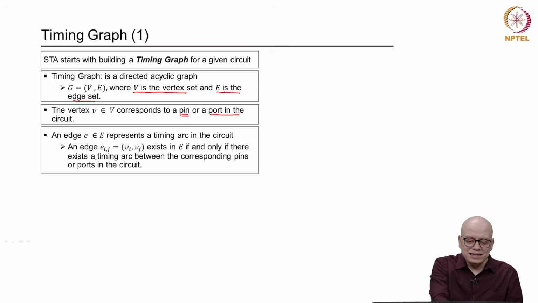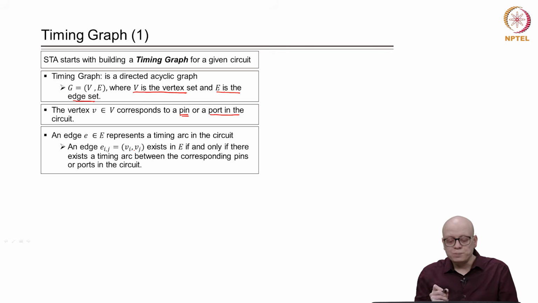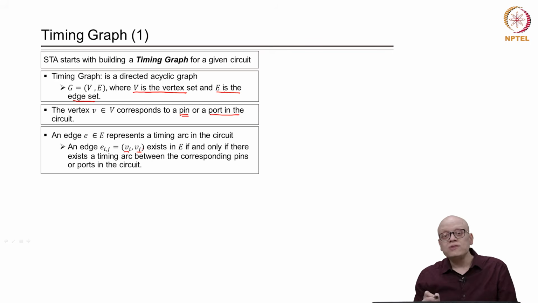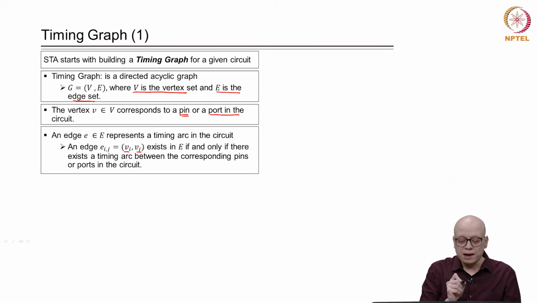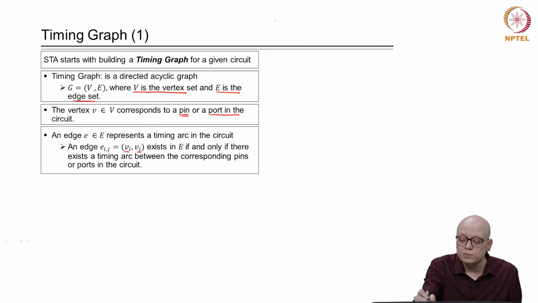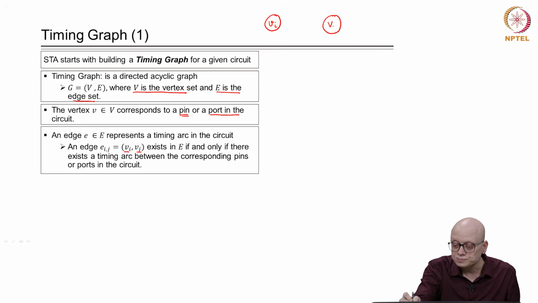An edge E(i, j) exists between two vertices Vi and Vj if and only if there is a timing arc between the corresponding pins or ports in the circuit. What this means is that suppose there is a vertex Vi and there is another vertex Vj.